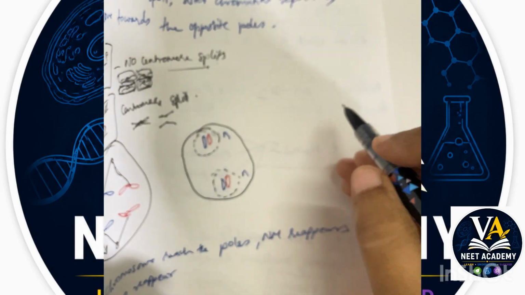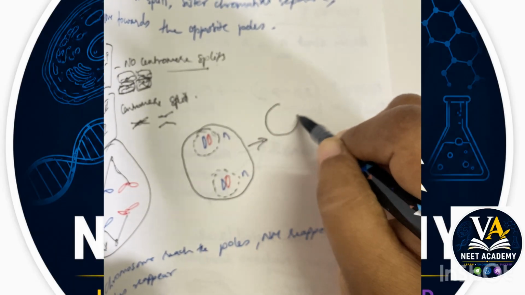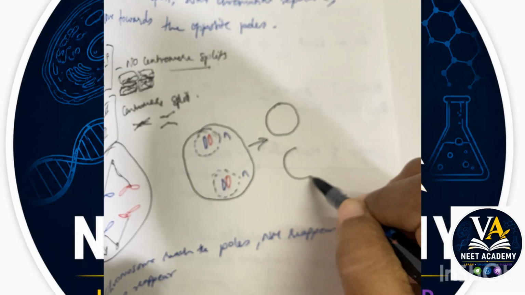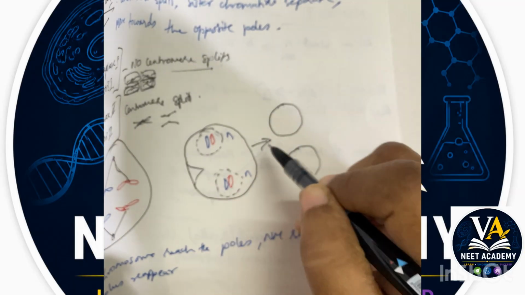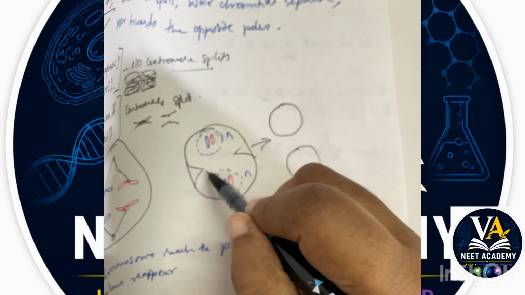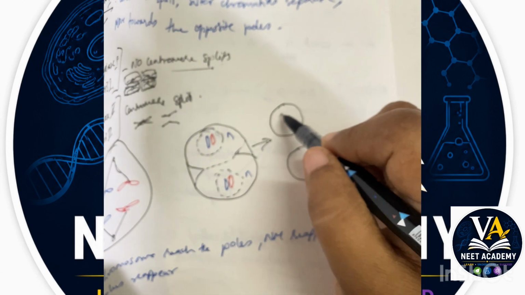Cytokinesis is happening, and you get two cells because of cytokinesis. The cleavage furrow forms and deepens, causing the formation of two daughter cells.